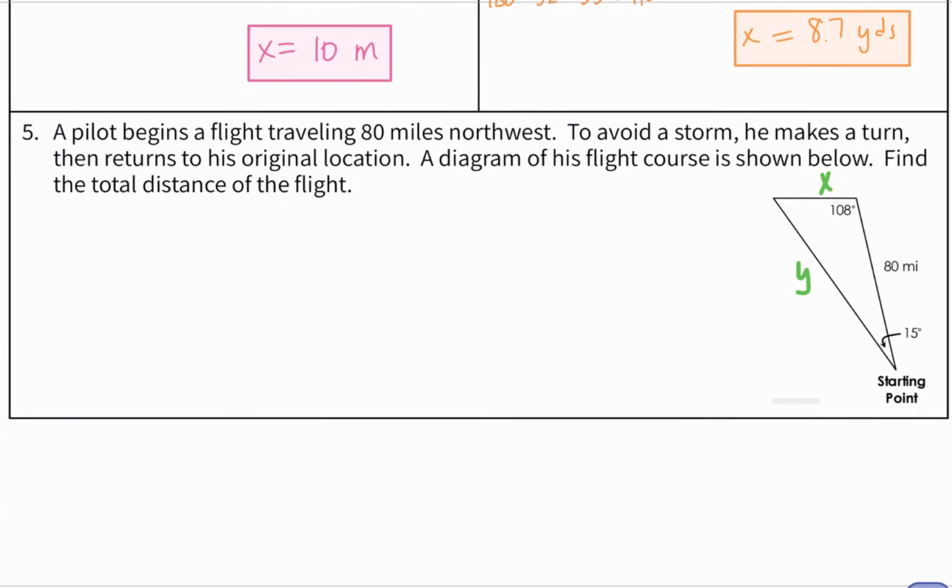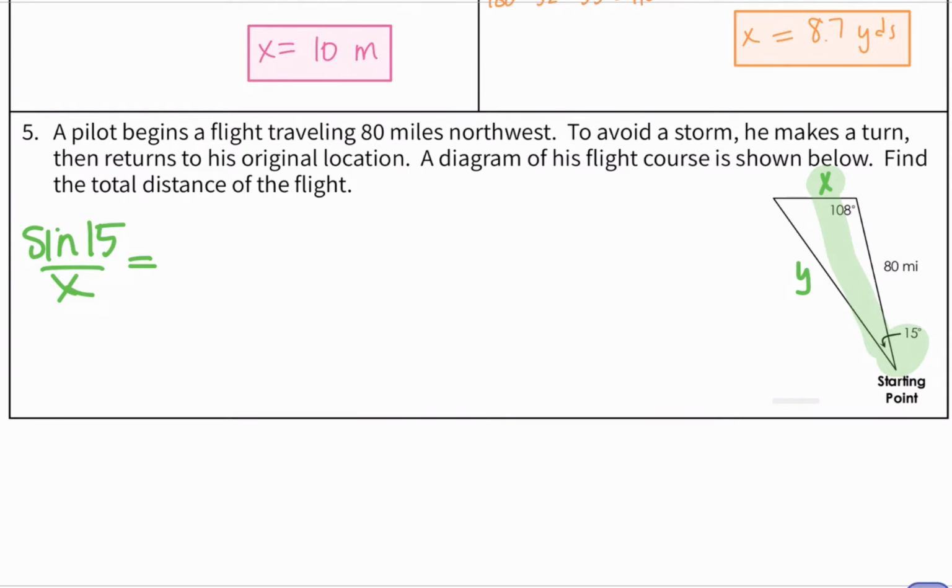So let us start, in alphabetical order, with solving for x. Well, x and its opposite angle, 15. So sine of 15 over x is equal to, well, I need a ratio where I have both the angle and the side. Right now I only have that one side, that 80.